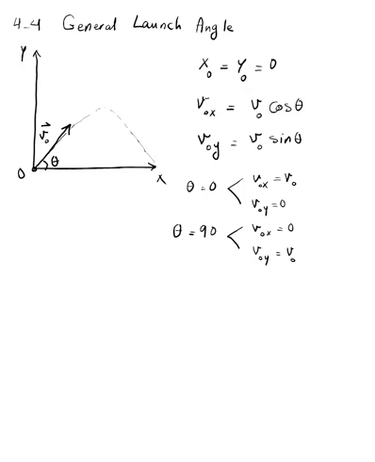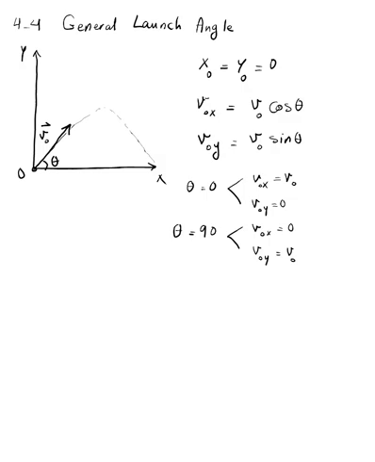Now, if the initial velocity has an angle with respect to the horizontal, then I can use the basic equations of motion and substitute the preceding results into them.